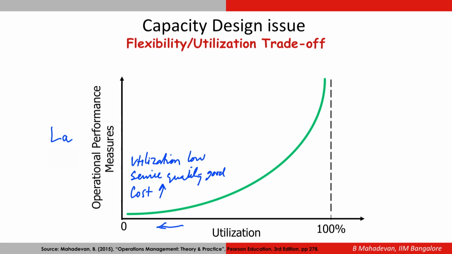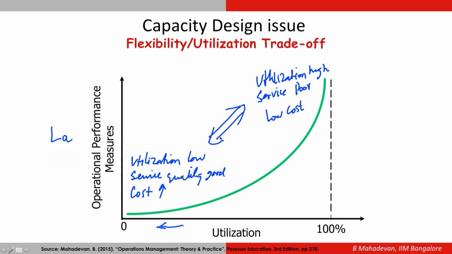So it is a good service, low utilization, but the cost is very high. Whereas if you go to the other end, what will happen is the utilization is high, and what it means is it is really low cost because we are able to utilize our resources very well, but service quality is poor. So these are the 2 ends to which you can theoretically push this idea.